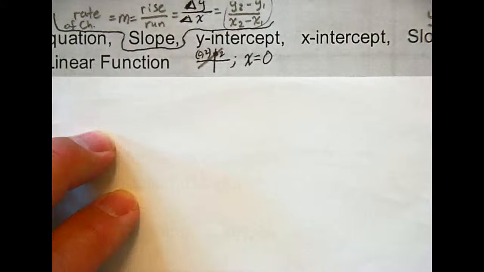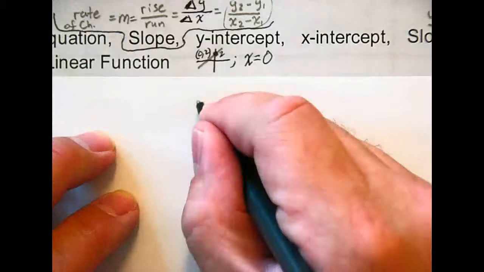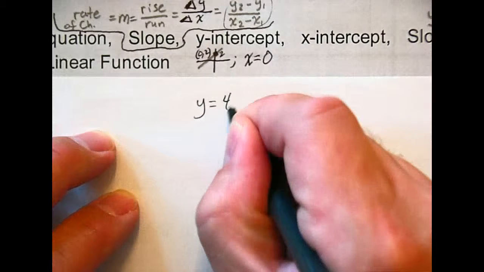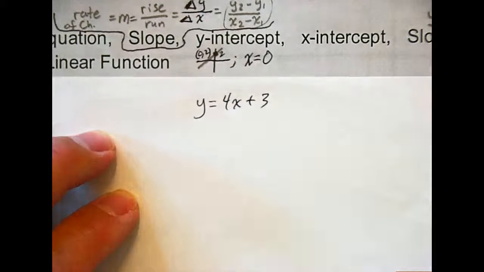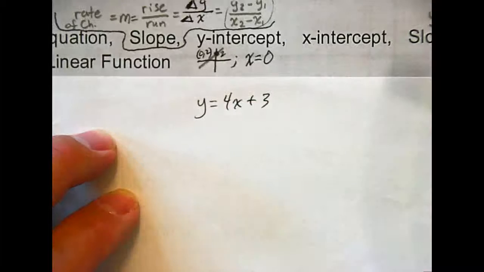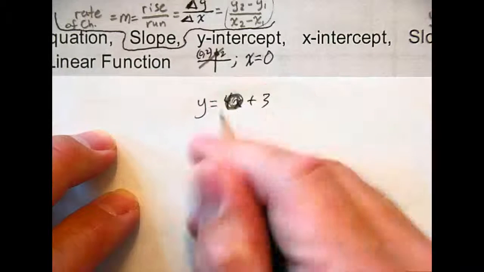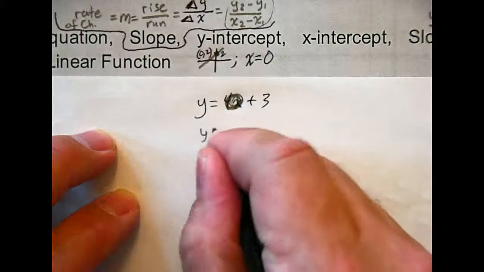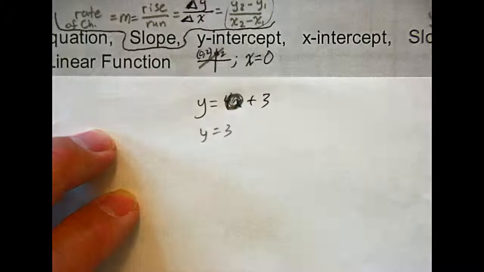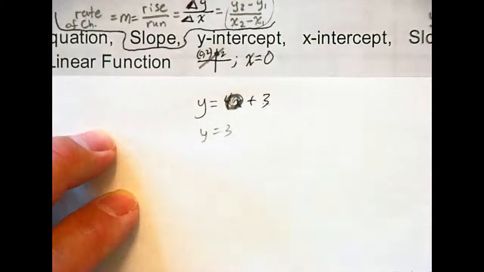That would be our y-intercept. It's when x equals 0. In an equation, if I gave you y equals 4x plus 3, the y-intercept is when x is 0. So I put in 0 right here. That whole thing disappears because 4 times 0 is 0. y equals 3. That would be where it crosses the y-axis. That's why b is our y-intercept.